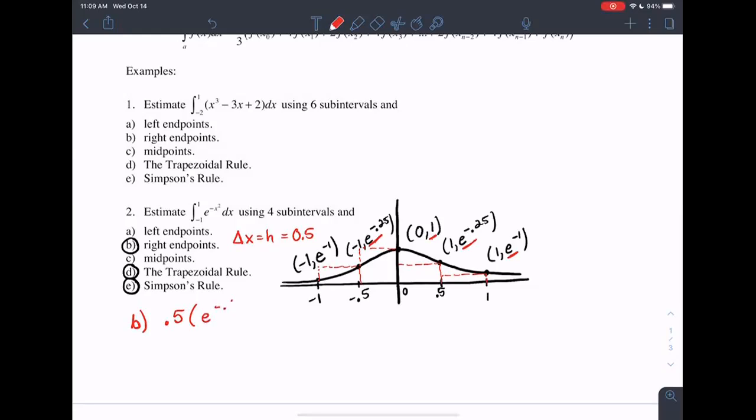E to the minus 0.25 plus 1 plus another e to the minus 0.25 plus an e to the minus 1 power. I'm going to go grab my calculator. It's easier than using Mathematica on this one. Hopefully not catch my computer.